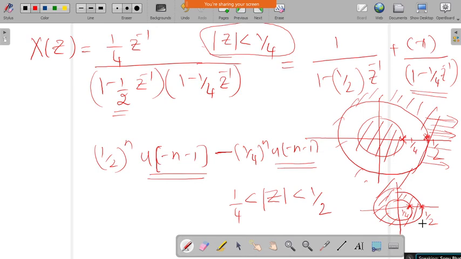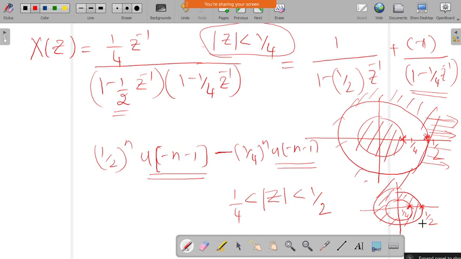Which is the right sided sequence and which is the left sided sequence? Minus 1 by 2 whole power n into u of minus n minus 1, then minus 1 by 4 whole power n into u of n.